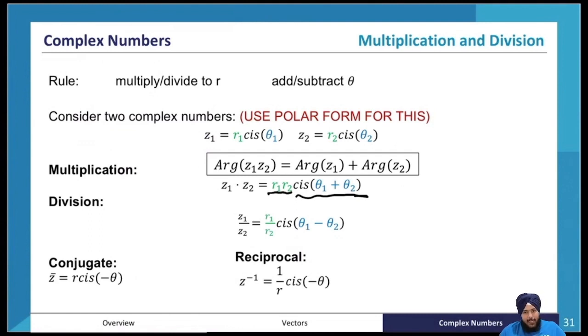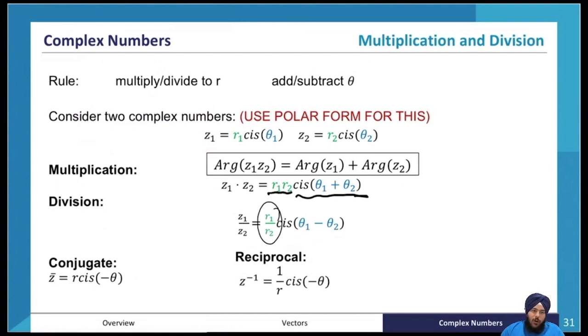Similarly, when we're dividing, we divide the magnitudes, and that becomes the new magnitude, and now subtract the angles. So for multiply, divide to r, and add, subtract to theta. That's a rule that I like to follow.